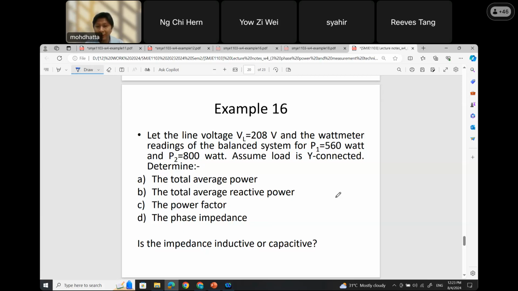And for the phase impedance, you can use the line voltage as well as the other power information to get the phase impedance, and later deduce whether the impedance is inductive or capacitive.